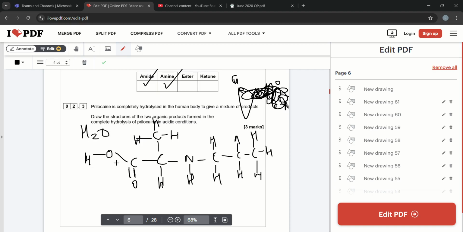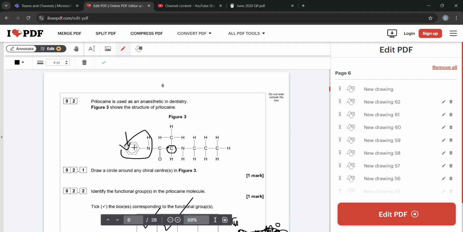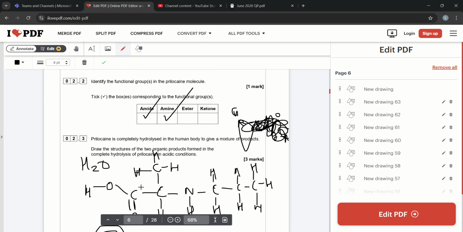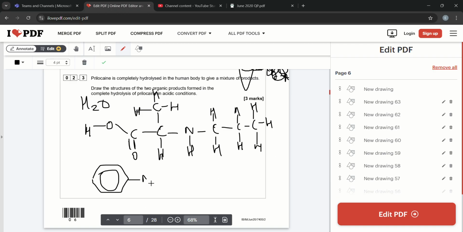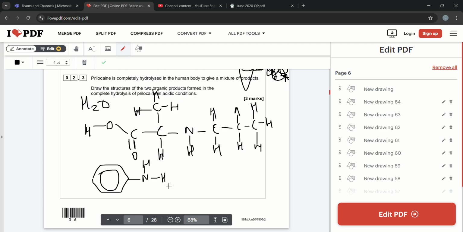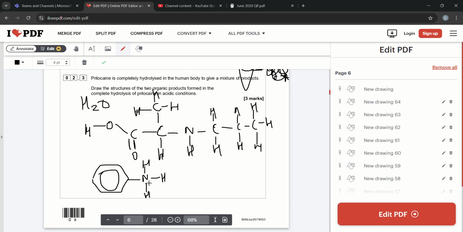So this HO is going to bond to the C double bond O, and then what we're going to be left with is obviously this. So here, and it's going to be bonded to an NH, with an extra 2 hydrogens, but the nitrogen is now positive.